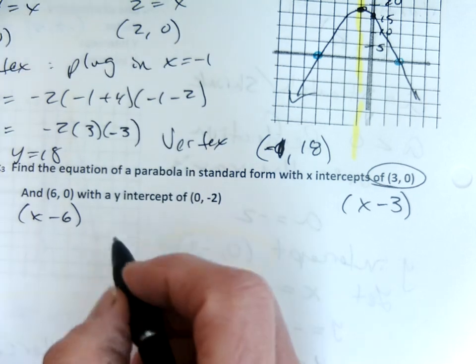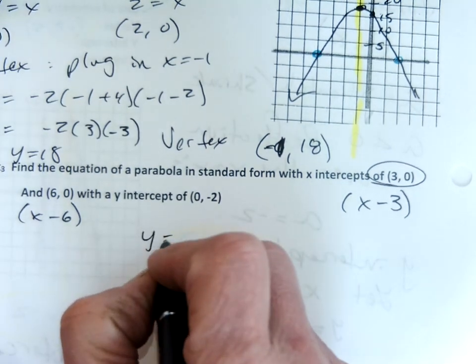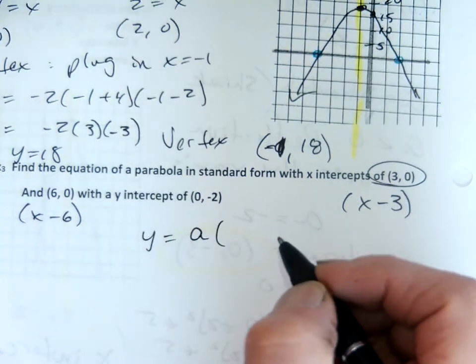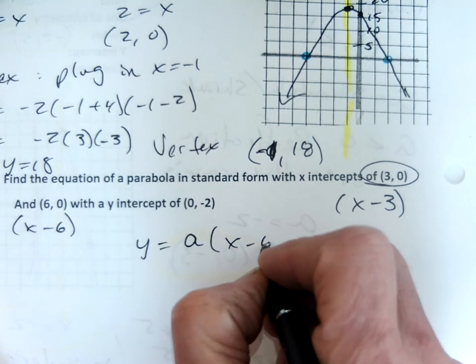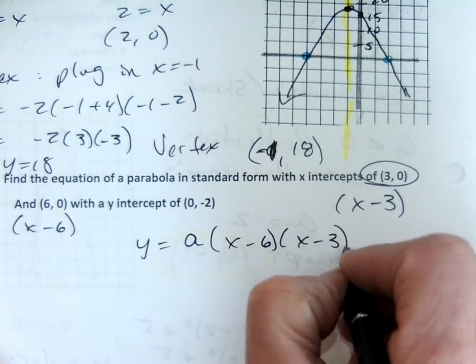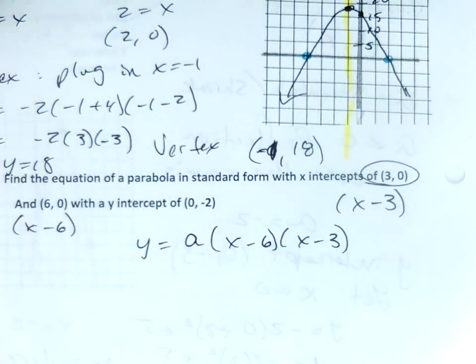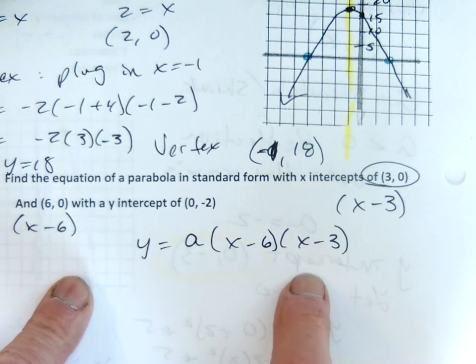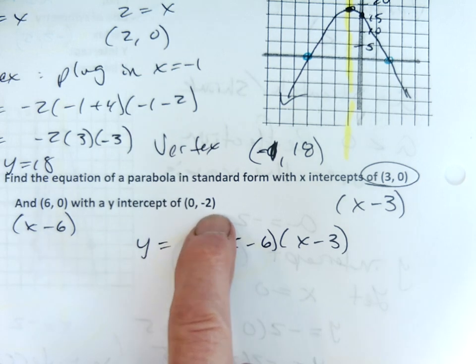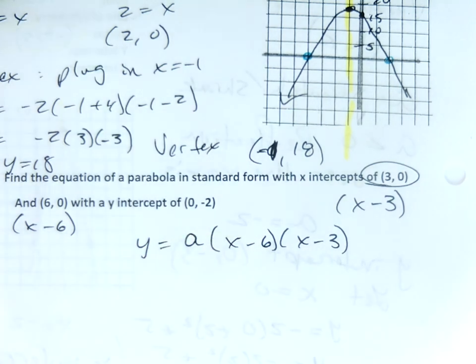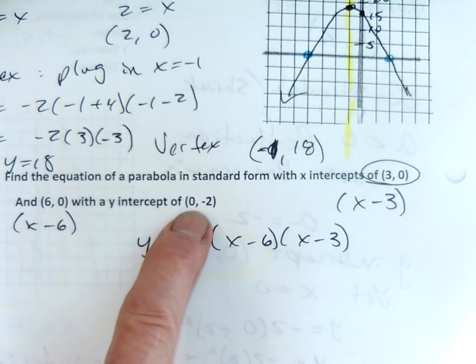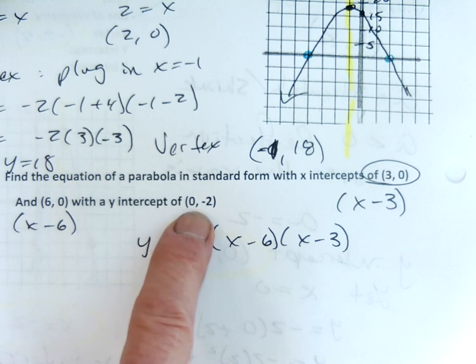So here's my equation so far. y equals some a value, which I don't know, but I have to find, times x minus 6 times x minus 3. Now, lots of graphs can have those x-intercepts, but we want the exact graph that goes through the point 0, negative 2.